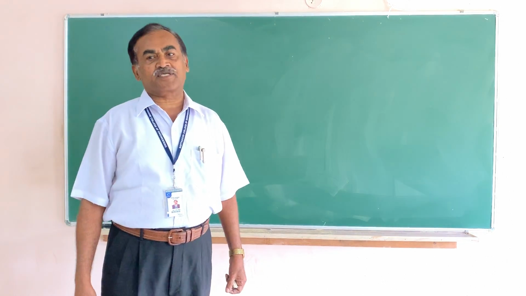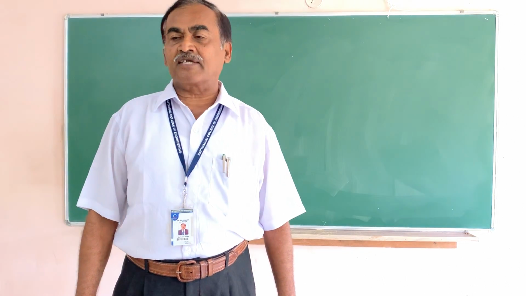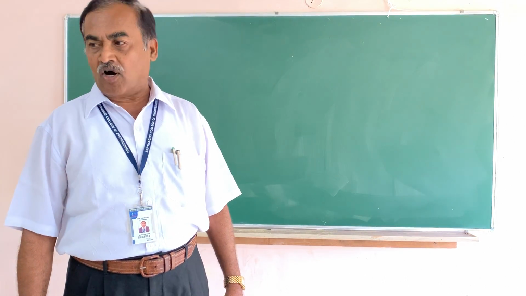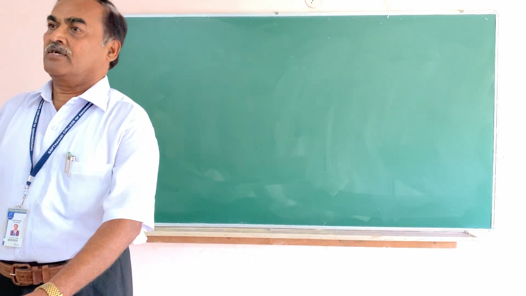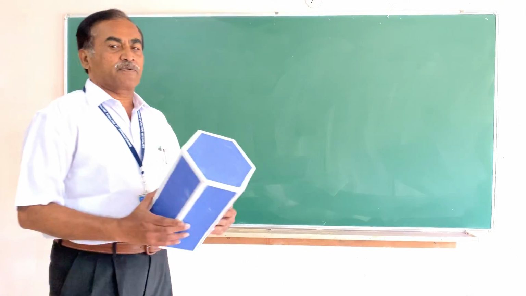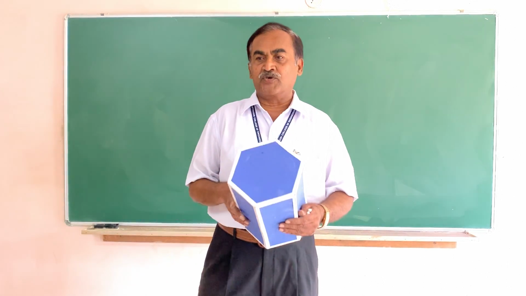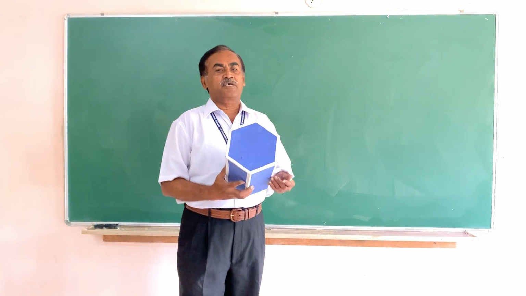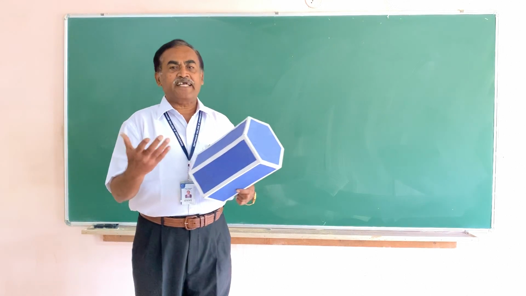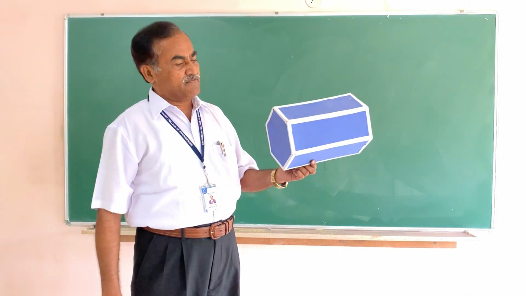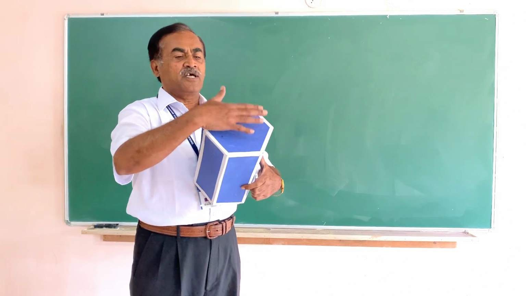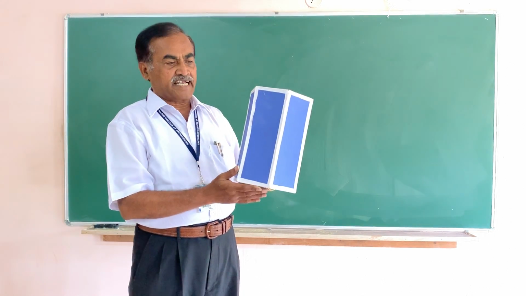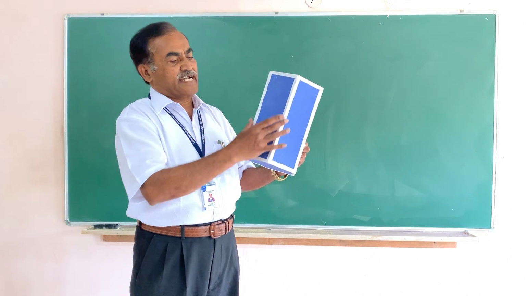I welcome you all to this presentation today, and today I am going to have discussion on the projection of hexagonal prism. So before I take up the actual problem, let me explain to you the nomenclature of this hexagonal prism. By definition, a hexagonal prism will have a hexagonal bottom face, a top face, and these two surfaces are connected by a number of rectangles.